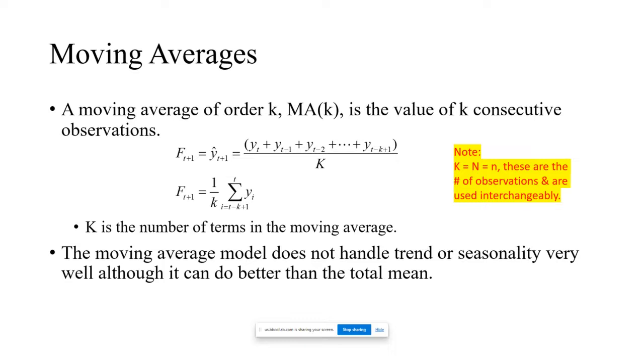It's like car and automobile. They mean the same thing. K, capital N, lower n is the number of observations. The moving average model does not handle trend or seasonality very well, although it can do better than just the total mean.